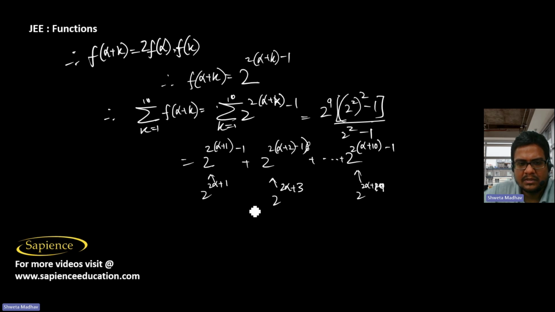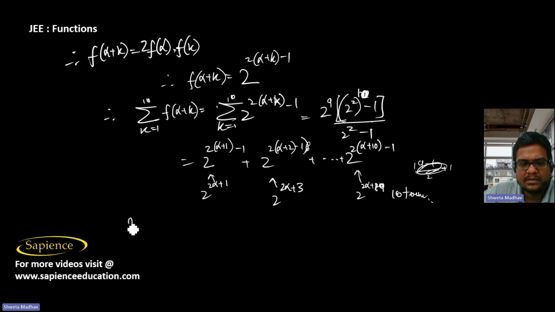Okay, so obviously we have 10 terms. The exponents go from 1 to 19 in steps of 2, so 10 terms are there, so this was power 10.